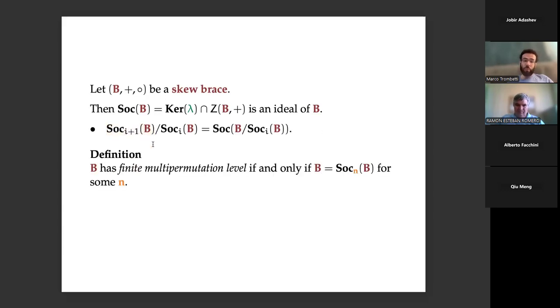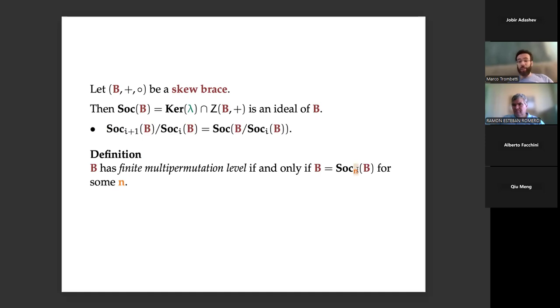Having done so, you say that your skew brace B has finite multipermutation level if and only if it coincides with some term of the upper socle series, with some term of finite type, I will say, because for some reasons, which I will not tell you, this thing here must be a natural number.